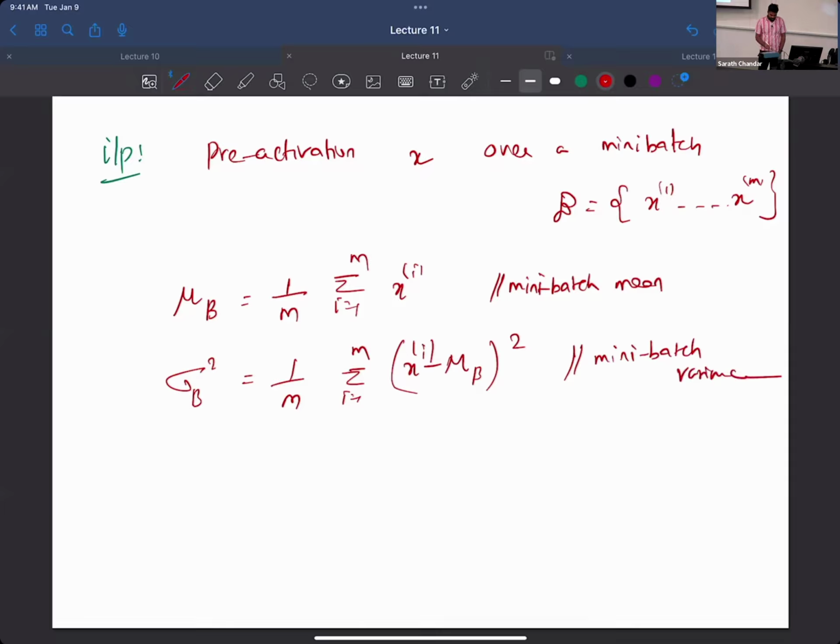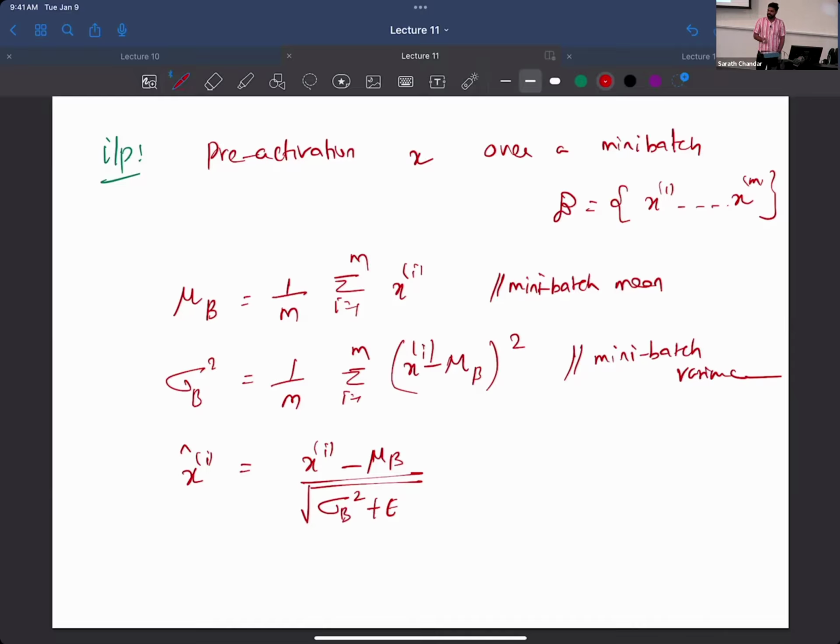Then I'm going to compute x_i hat, which is basically x_i minus mu_B divided by the square root of sigma_B squared plus a very small epsilon, typically 0.01 or 0.001, just to make sure I'm not dividing by 0.